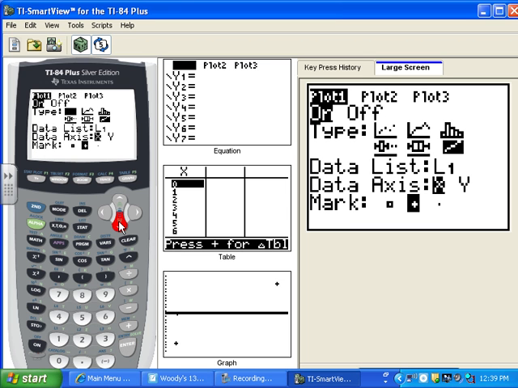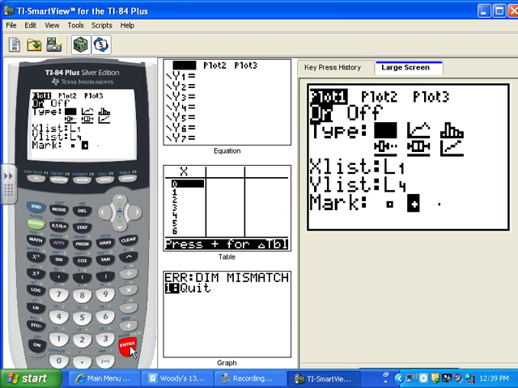You probably already have your scatter plot turned on. X list, Y list. The x-axis on your residual plot can be anything you want it to be. It could be your x values, your actual y values, or your predicted y values. Right now, I have it as list 1, which are my actual x values.